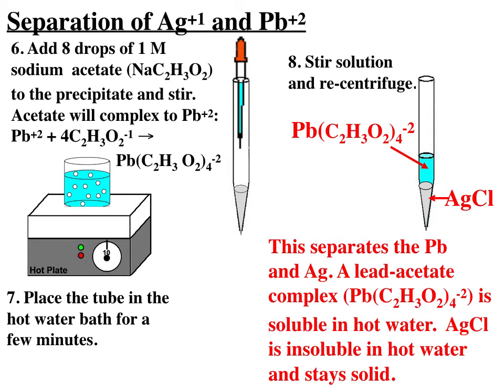So by doing a trick like this, what we have managed to do is to separate the lead from the silver by putting the lead in the supernatant while the silver remains in the precipitate.